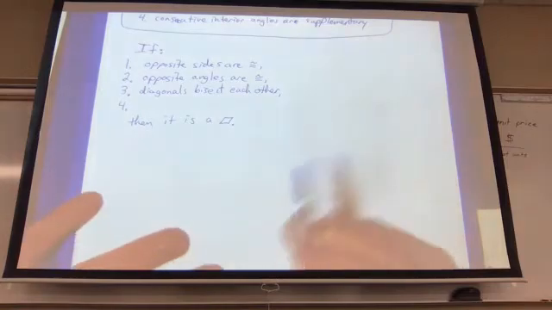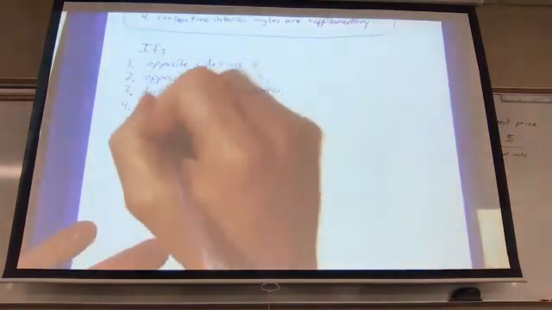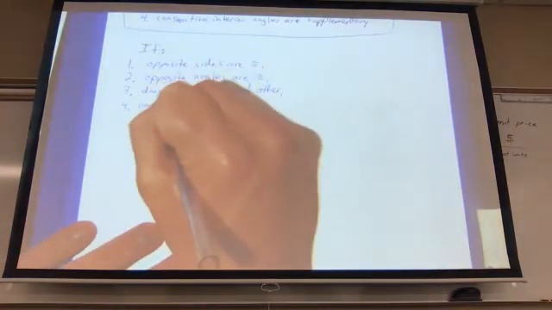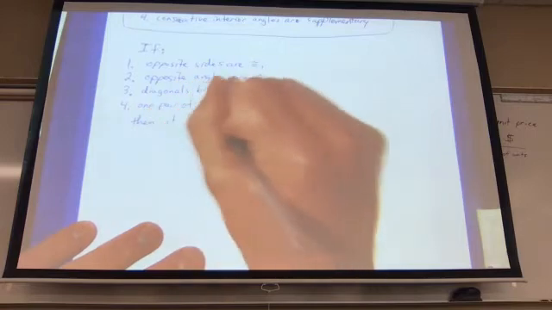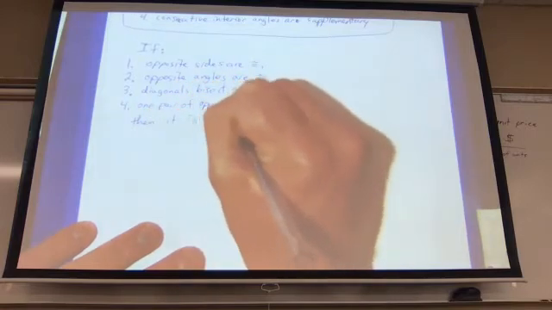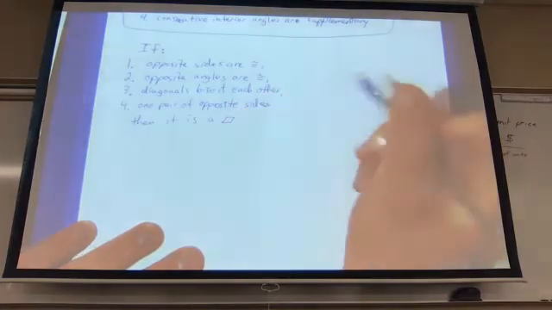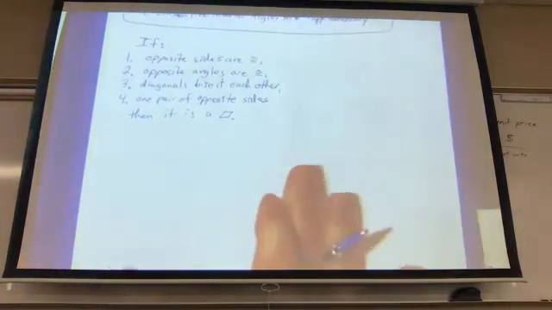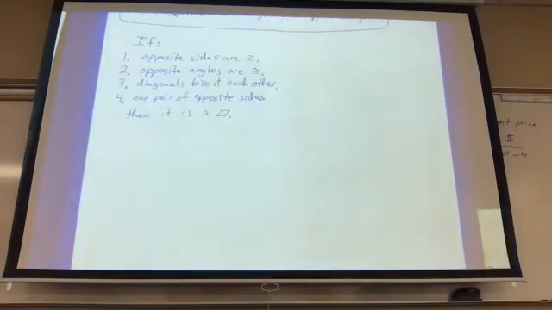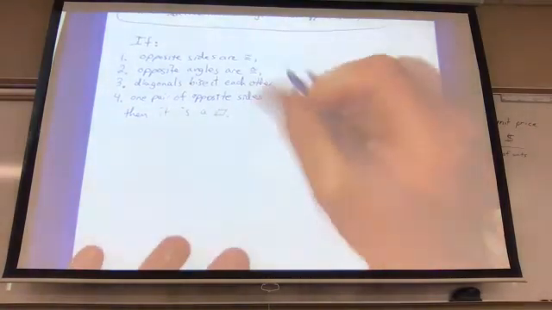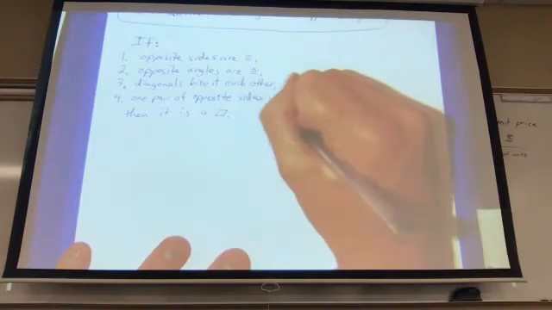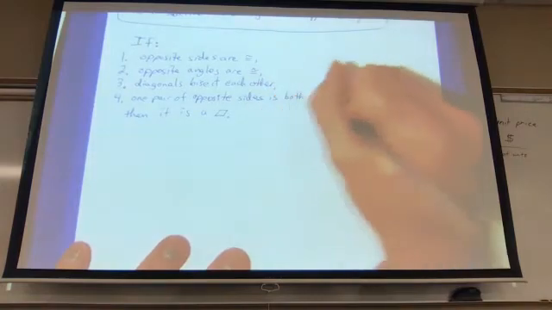Here's the one new theorem. It's going to say if you have one pair of opposite sides, and that one pair of opposite sides is going to do two things. Your one pair of opposite sides is going to be both parallel and congruent.